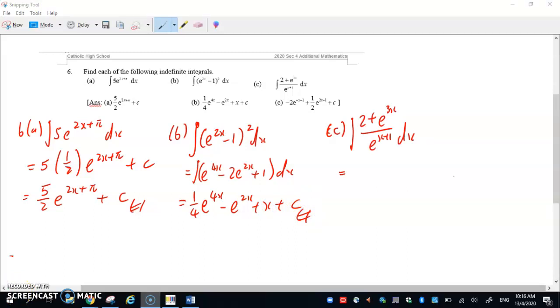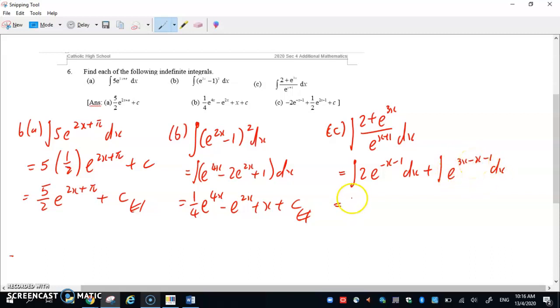For this case, you have a quotient here, so what you need to do is split them up in two parts, and what you get is the integration of 2e to the power of minus x minus 1 dx, plus the integration of e to the power 3x minus x minus 1 dx. Over here we're just applying the rules of indices.